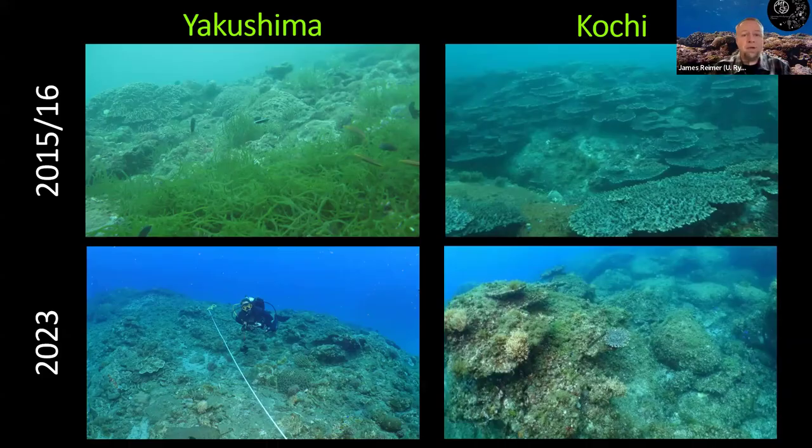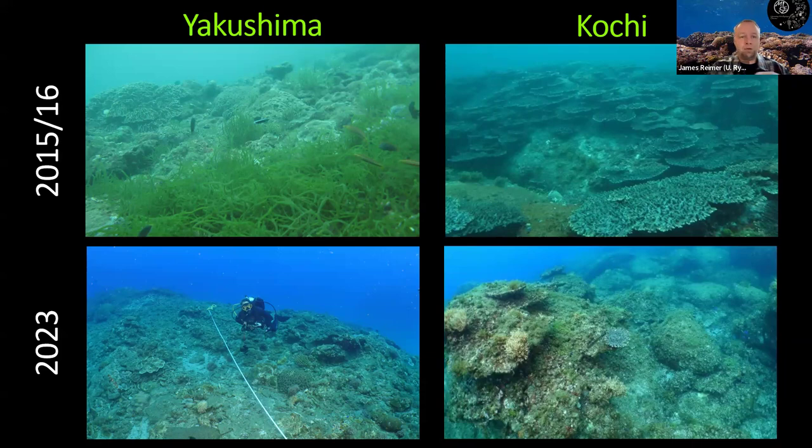A little bit further north on mainland Japan in Kochi, in 2015-16, you had actually areas dominated by these large tabular corals, Acropora. But when we went back in 2023, the corals had died and there was instead a bunch of turf algae. And so what happened here is actually a little bit counterintuitive.